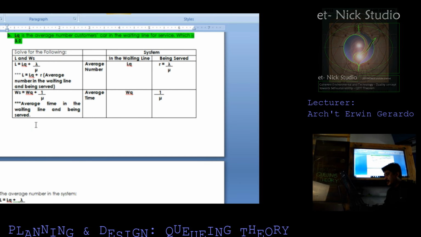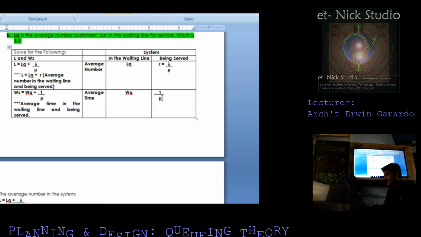Now let us look at the other formula. For WS, this is the average time in waiting line and being served. So you just utilize here WQ, which is in the waiting line, and then being served, plus 1 divided by mu. So WS is, you just add up these two formulas, then you are able to come up with the formula already.